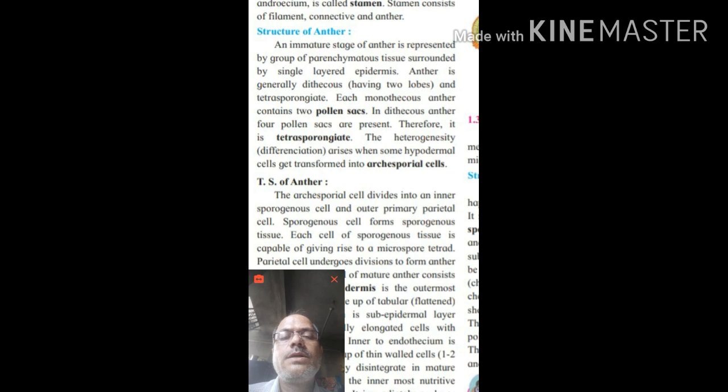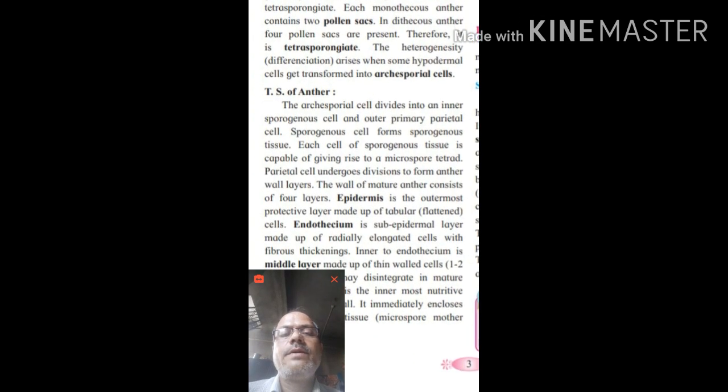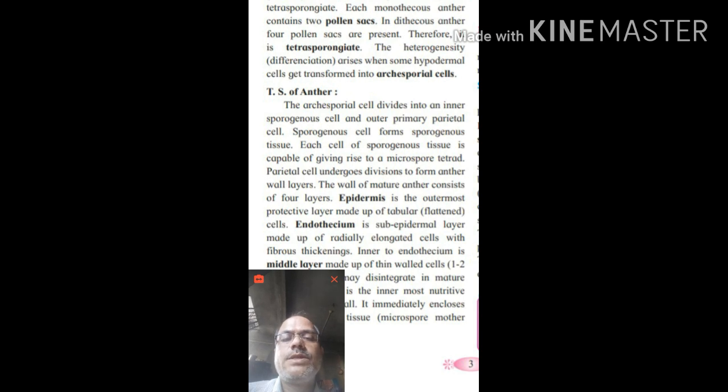When we see the transverse section of the anther, it is divided into two layers, the archesporial cells and the sporogenous tissue.